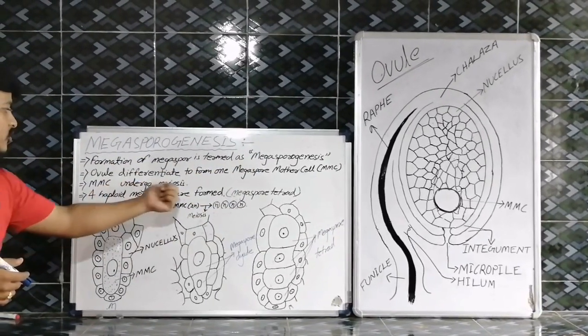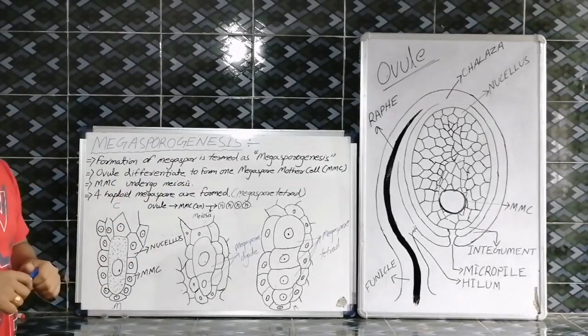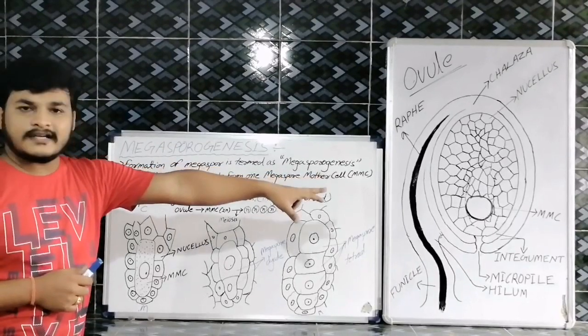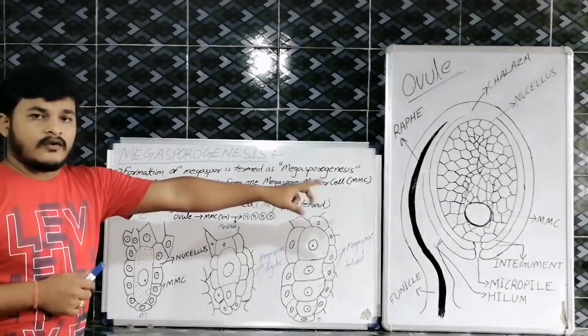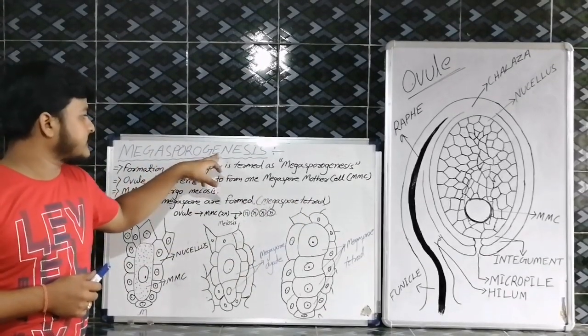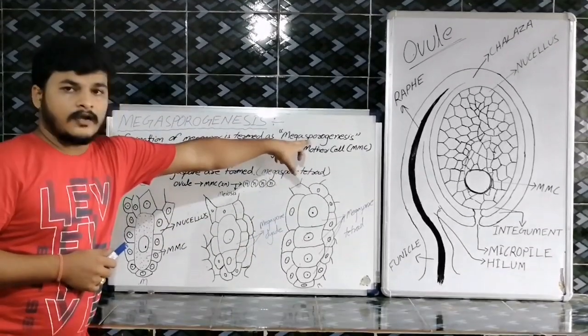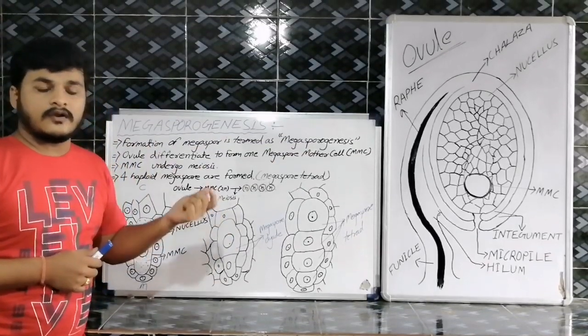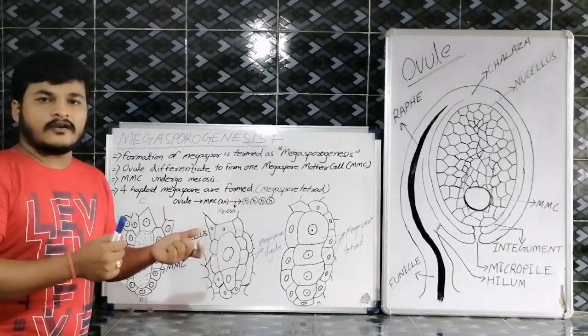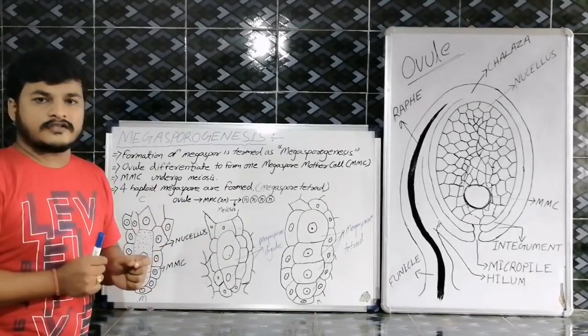Next, the MMC undergoes meiosis. Why does it undergo meiosis? Because, as we know previously, these are diploid cells, so we are going to form haploid cells, that means formation of the megaspore. Megaspore means large spore, but n in number. So diploid to haploid, and over here meiosis takes place.